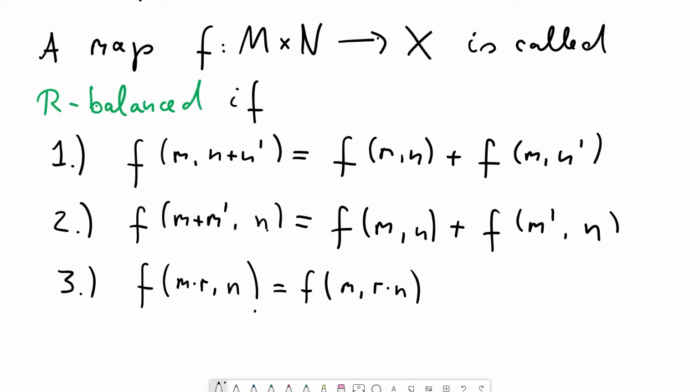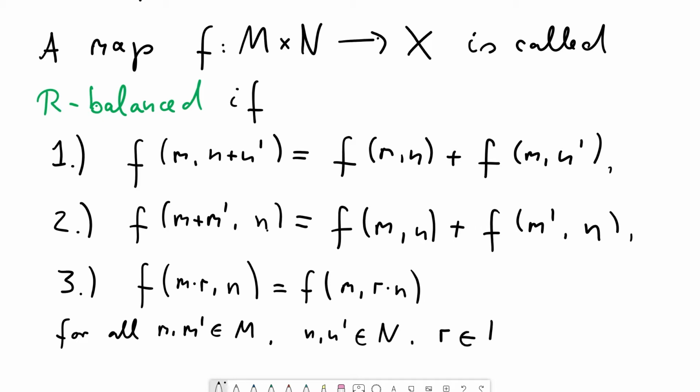And then I want to end up at the same element via F. Yeah, so these three conditions define what an R-balanced map is. Sort of a bi-additive map with this additional compatibility with the ring multiplication. And of course, this is required to hold true for all m and m prime in M, n and n prime in N, and all ring elements r in R.